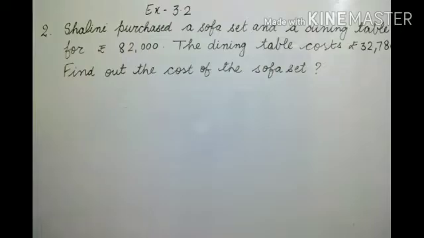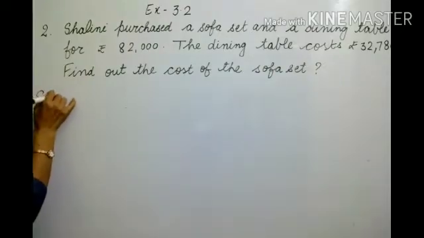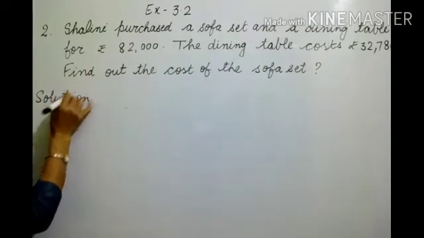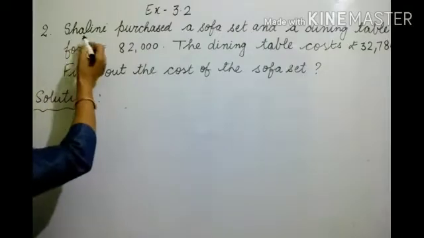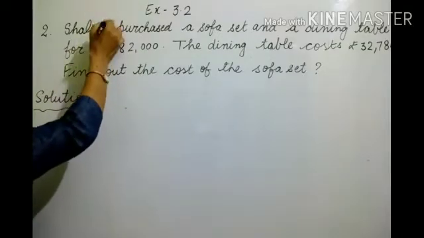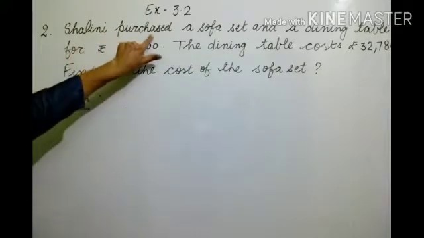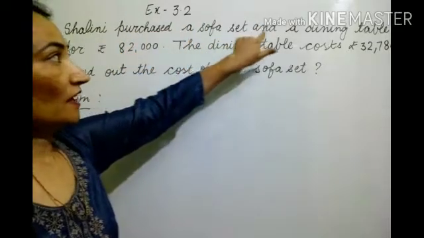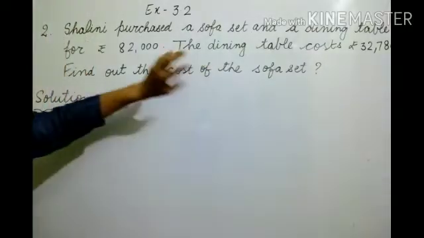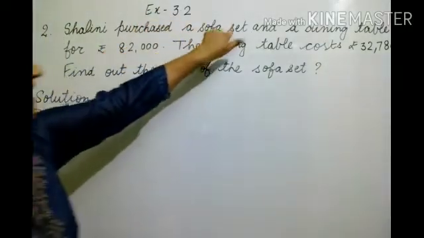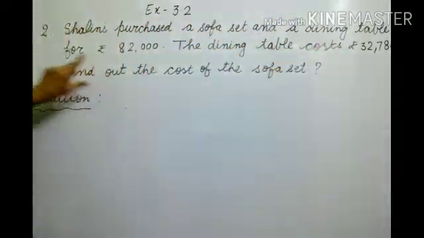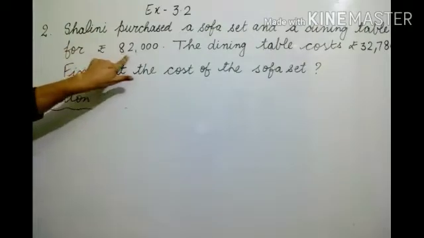Let us read again. Shalini, one girl or one lady you can say, Shalini purchased a sofa set and a dining table. Means two things she purchased, sofa set and dining table, for rupees 82,000.